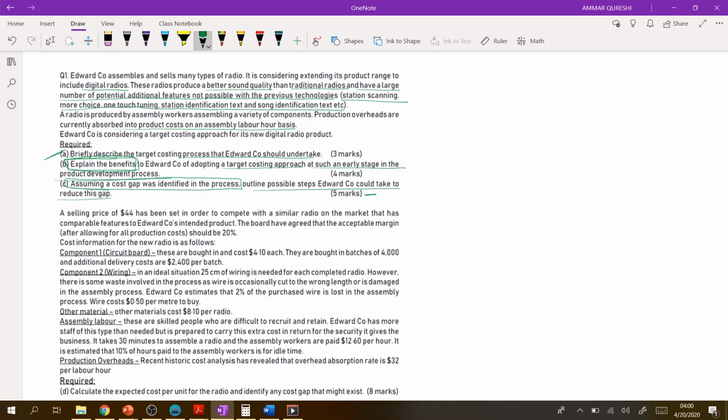In this part, you just need to explain those steps required in target costing. You will find all these steps in your notes of target costing. And you have to explain the benefits. This is also present in your notes, but let me try to give you a basic idea.